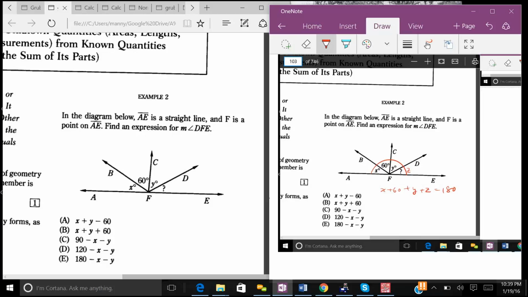You subtract x, subtract 60, subtract y from both sides. When you do that, you have z equals 180 minus 60, which is 120, minus x minus y. Get it? So you get the total, subtract what's given, and you get to that.